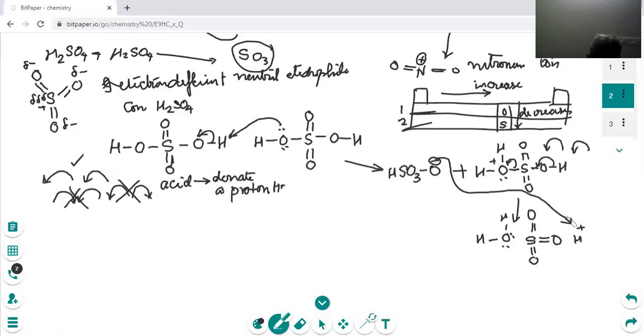This will take this and will form sulfuric acid, H2SO4. So H2SO4 is acting only as a catalyst here in this formation of sulfur trioxide. So this is the formation of another electrophile.